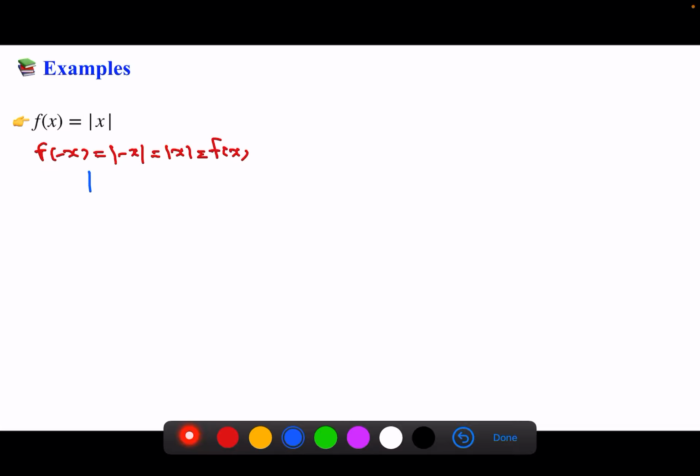So mathematically this function is an even function because the value of the function at minus x equals the value of the function at x. Graphically, see, the left side of the graph is a mirror image of the right side. So graphically also it is an even function.